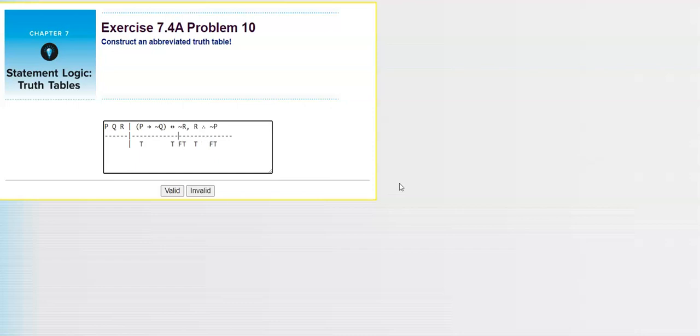But how do we figure out what we have to assign inside these parentheses to finish out this first premise? Well, this is a biconditional. We know that one branch of the biconditional, the not R, is false.